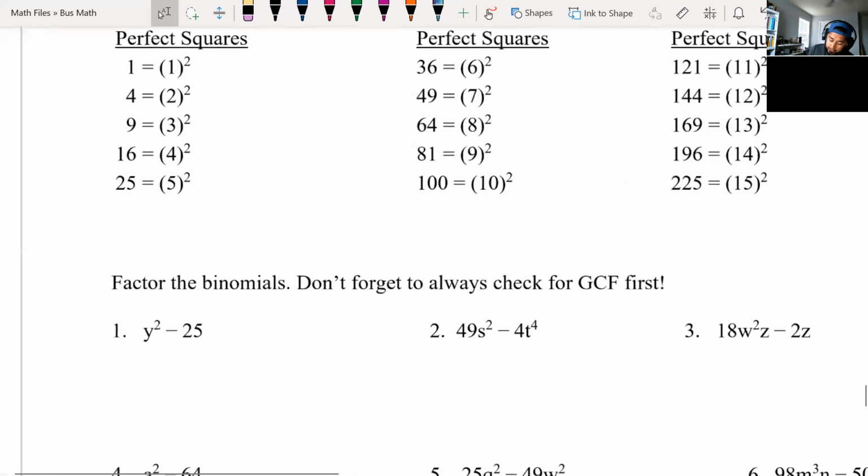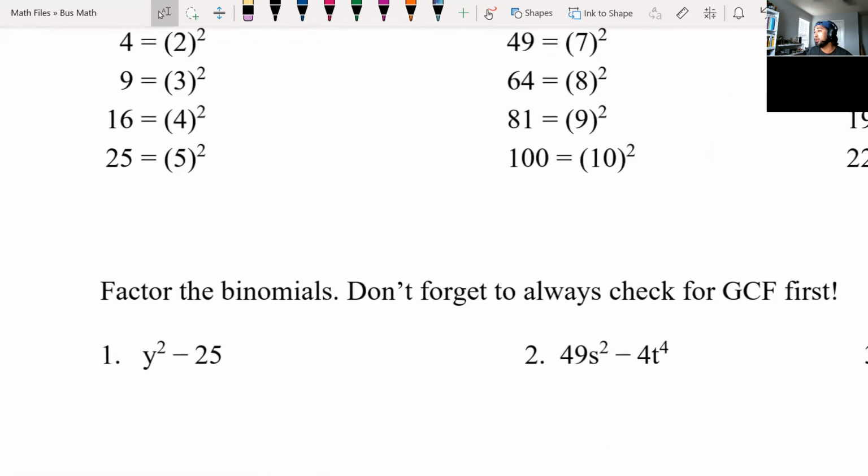So for the first one, y squared minus 25. Anytime you see a variable squared, x squared, y squared, z squared, whatever variable squared, it's always a perfect square no matter what. So here, y squared is a perfect square. That's covered. But then we come to 25. Is 25 a perfect square? Yes.